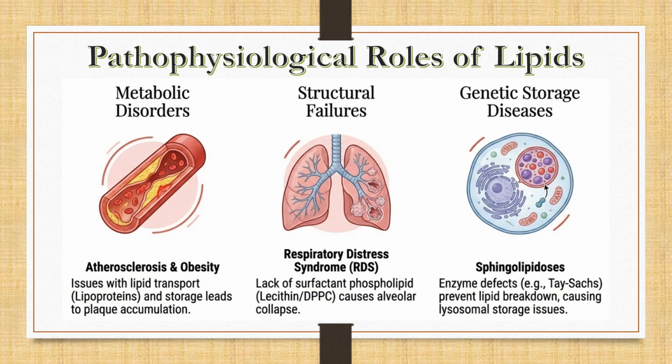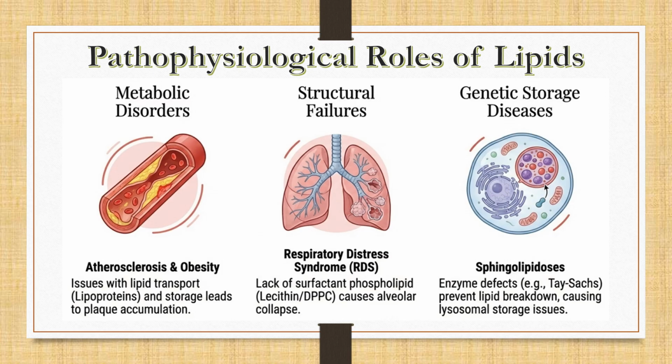Disorders of cholesterol and sterol metabolism are central to atherosclerosis and cardiovascular diseases. Elevated low-density lipoprotein cholesterol promotes lipid deposition in blood vessel walls, leading to plaque formation and reduced blood flow.